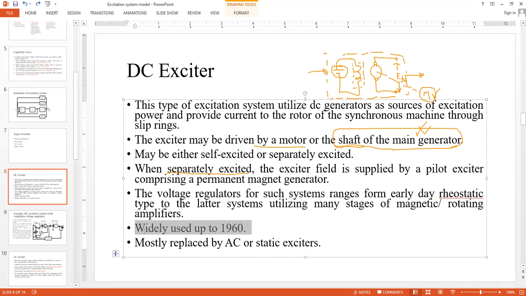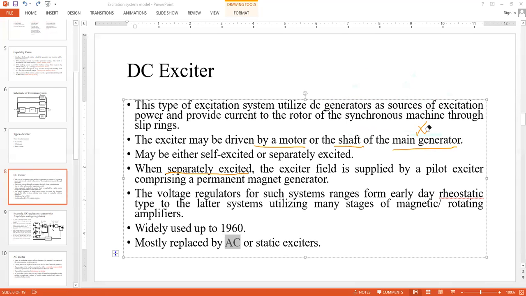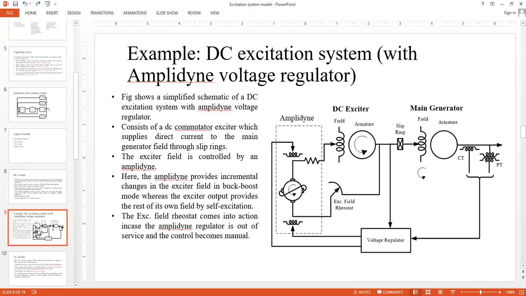This type was, as I mentioned, widely used up to the 1960s, but then mostly these were replaced by their counterparts, the AC exciters or the static exciters. But still, in some cases, we may find the use of DC excitation. So that's why we would go through the modeling and the schematic.